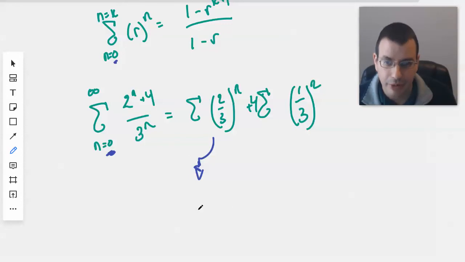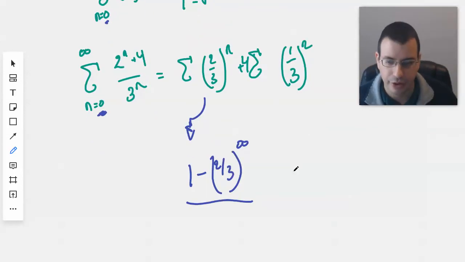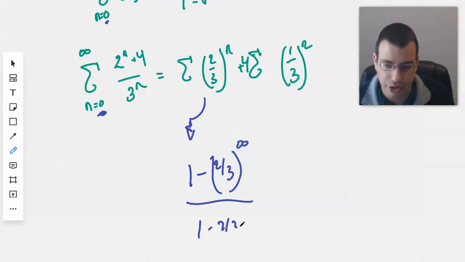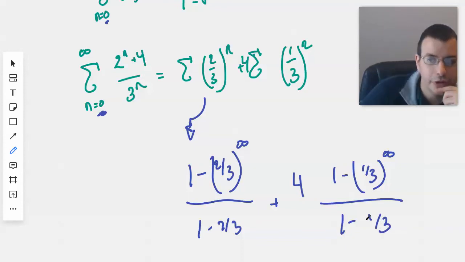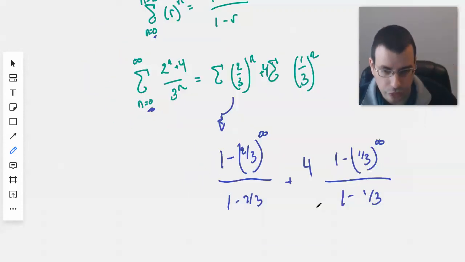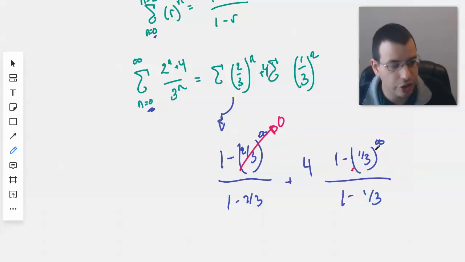And then let's plug in our formula here. So 1 minus 2/3 to the infinity plus 1, which I'll just call infinity, over 1 minus 2/3, plus 4 times 1 minus 1/3 to the infinity plus 1, all over 1 minus 1/3. This goes to 0. This goes to 0.